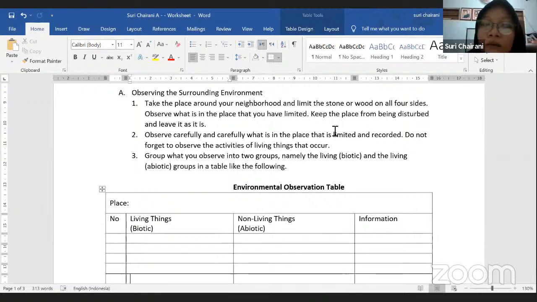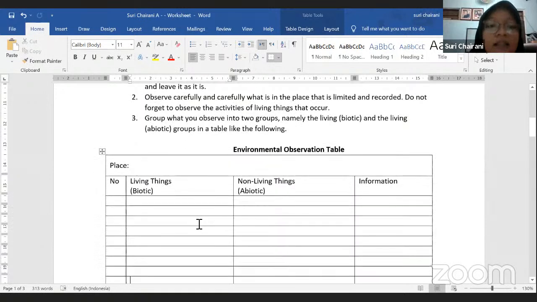So I will provide them a video to watch. They will choose one habitat they like, and then they observe it in the table like that, sir.